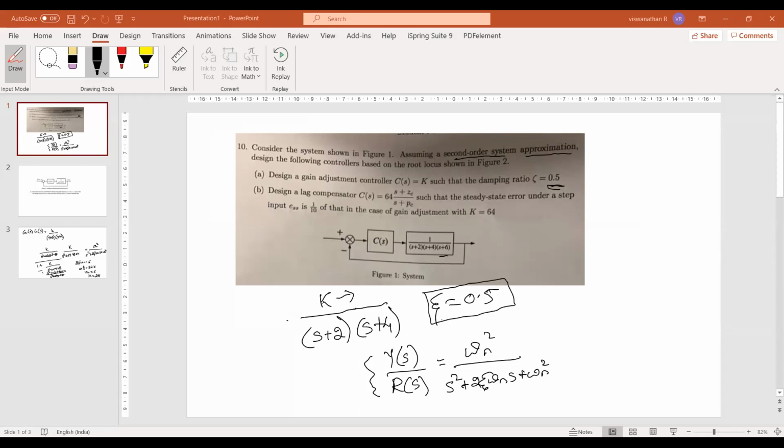So this is a second order. So it is 1 divided by s plus 2 multiplied by s plus 4, so s plus 4. Now what you want to do is you want a control system designer.